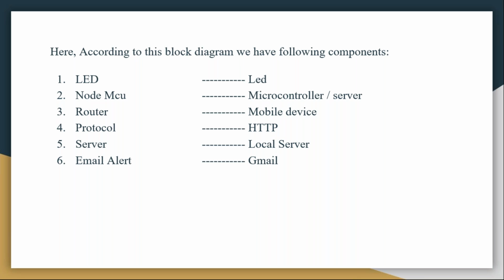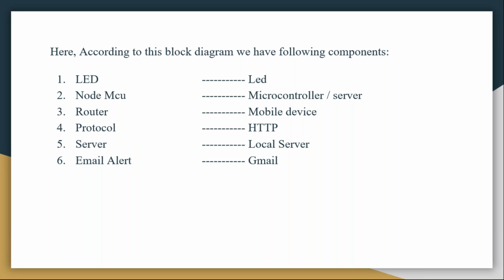In this slide are the various components which I showed you in the last slide: an LED and a NodeMCU as a microcontroller or server. For the router I will use my mobile, the protocol it follows is the HTTP protocol, and the server type is local.